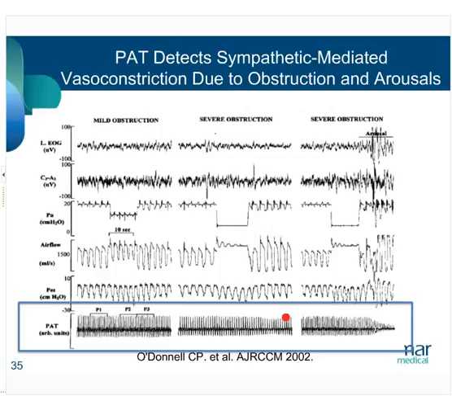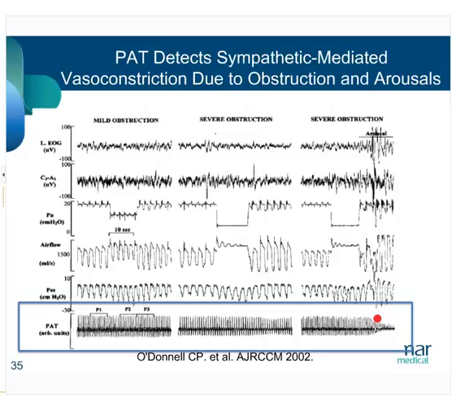Here you have the event, and here you see the effect of that event with this PAT signal decrease. Now, if you look at the case of severe obstruction where you have the severe event followed by an arousal, then you get the PAT signal attenuation from the event itself plus the effect of the arousal, and you can see that the PAT signal is markedly more attenuated with the apnea and the arousal present.